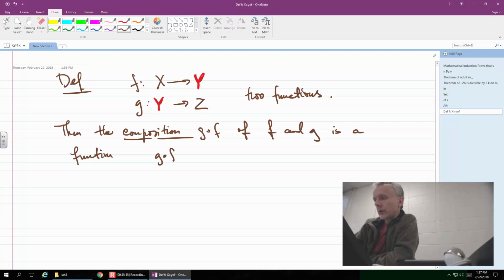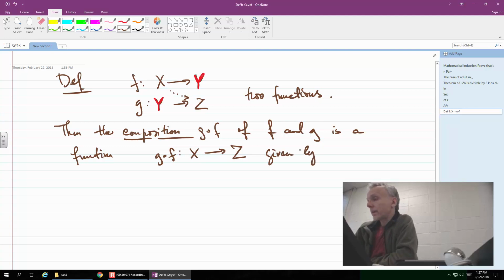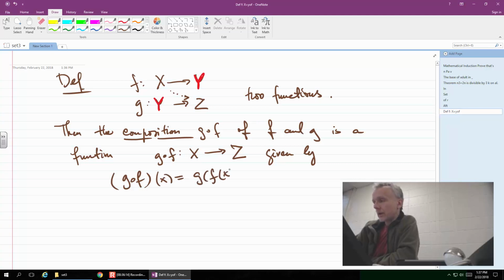G circle F from X to Z, as we just saw, skips the intermediate step Y and goes straight to Z, and it's given by that equation we just saw. So G circle F of X is equal to G of F of X. That is the definition.